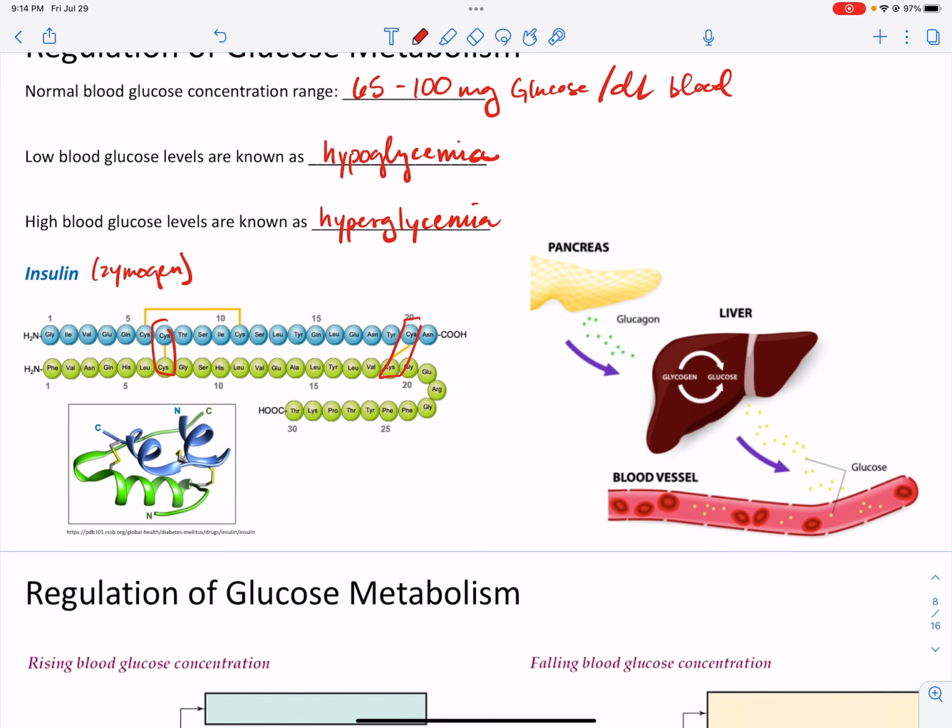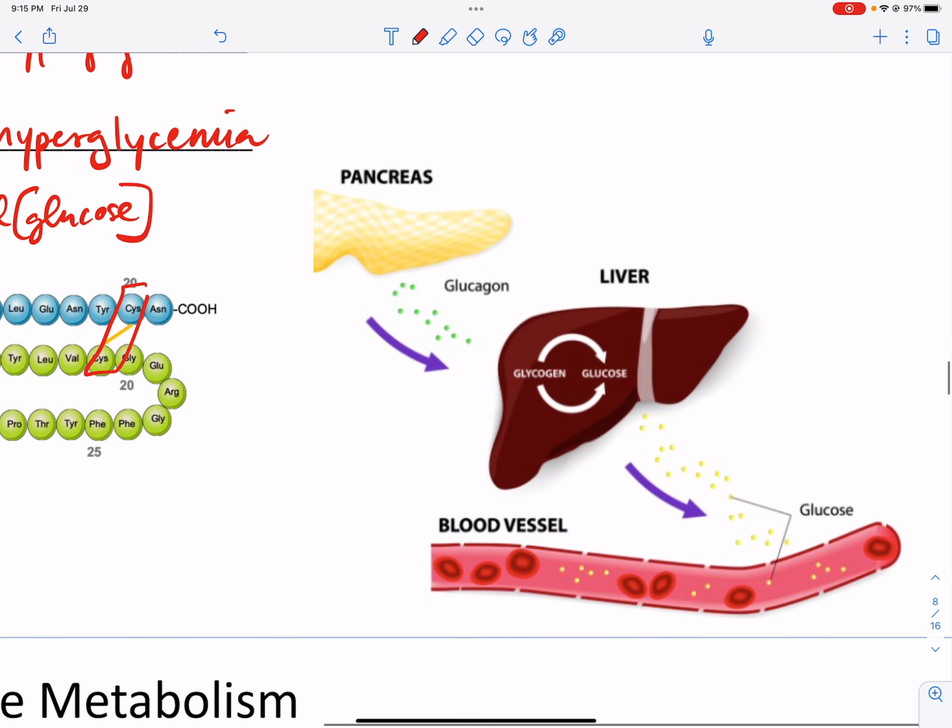And insulin is the responder when we need to lower blood glucose concentration. So I'm going to zoom in on this figure over here. Insulin is stored right here in your pancreas, in pancreatic cells.